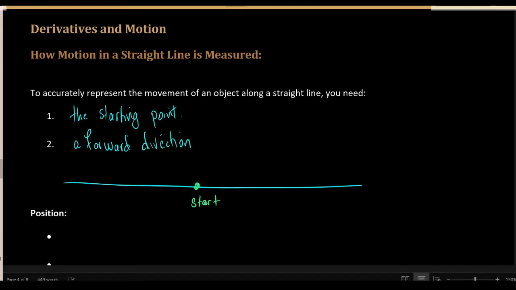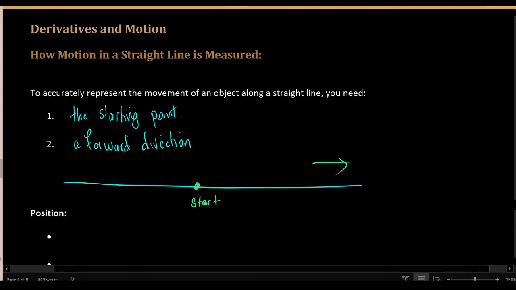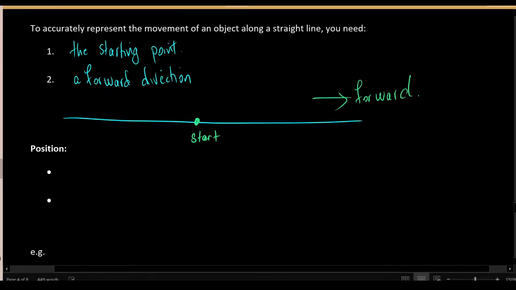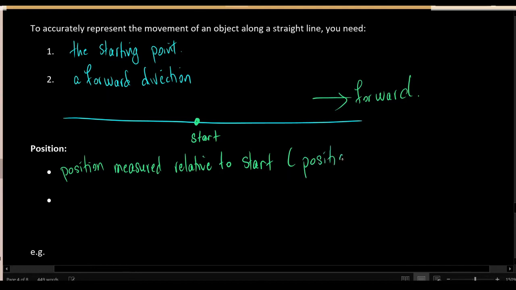So I might arbitrarily decide I'm going to let the right side be the forward direction. So any object that's moving toward the right will be moving quote-unquote forward. When we measure the position of an object, the position is always measured relative to the starting position. So if we say that the position of an object is 0, that means that the object is at the start.